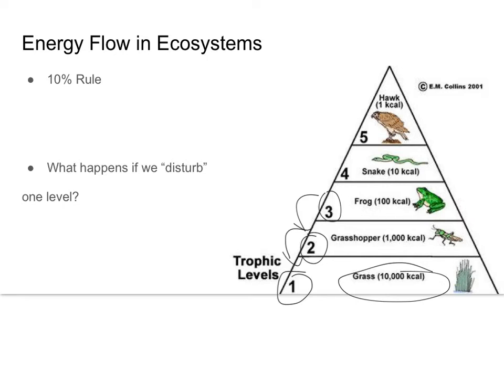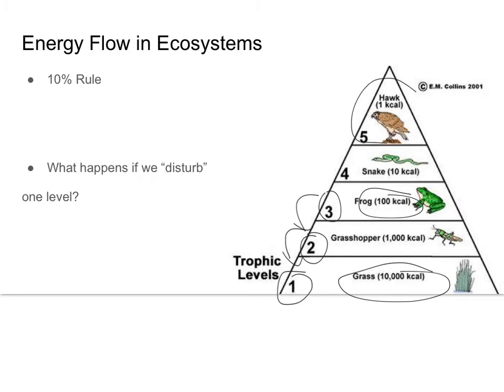So 10% will go to the grasshopper, and then the grasshopper is going to use 90% of the energy to live and be a grasshopper. So 10% will go to whatever eats the grasshopper, which in this case would be a frog. So 100 kilocalories, and then 10, and then 1 kilocalorie.